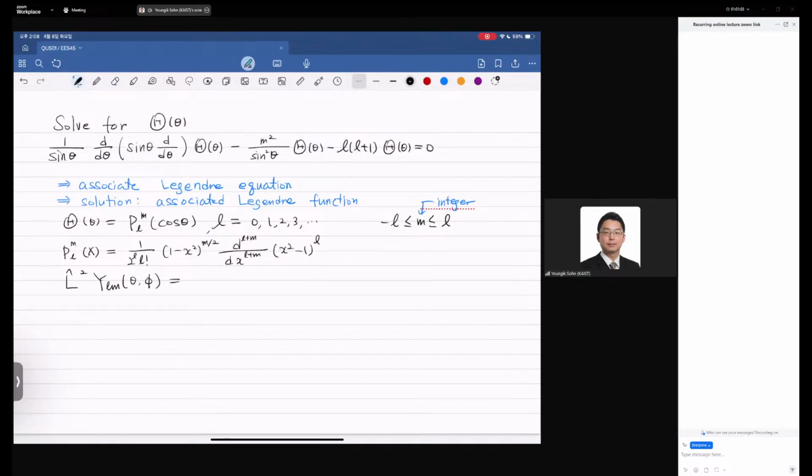Let me use the L again, because instead of just the Laplacian in theta phi, if we use L, then it gives us a physical interpretation. It will give you this equation, and then we know its answer. Let me write down the full expression of this Y expression.